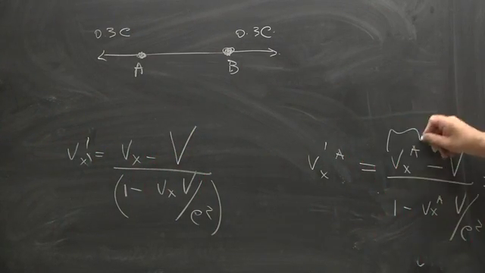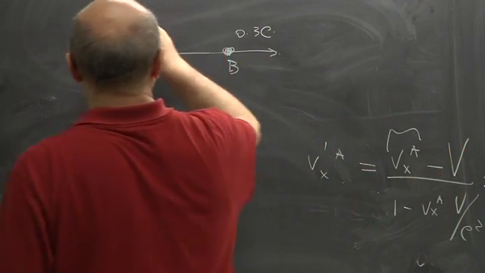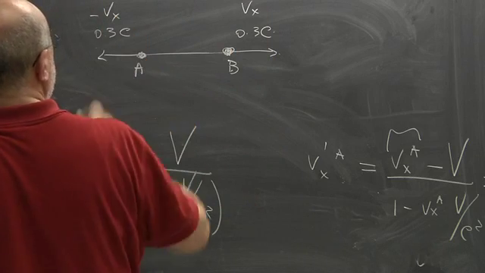Okay, now Vxa is minus Vx, and V is Vx, so we have minus Vx, divided by minus Vx minus Vx, so here we get a plus, and then V, and this Vx, and then divided by c squared. Now this is Vx, and this is minus Vx.